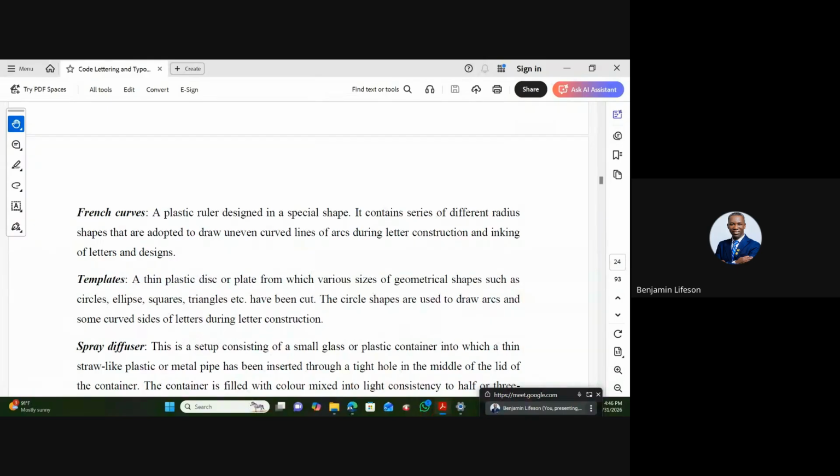I'm sending it on your platform right away so that I can make reference to it. So that is a French curve. Okay, I've posted it on your platform.